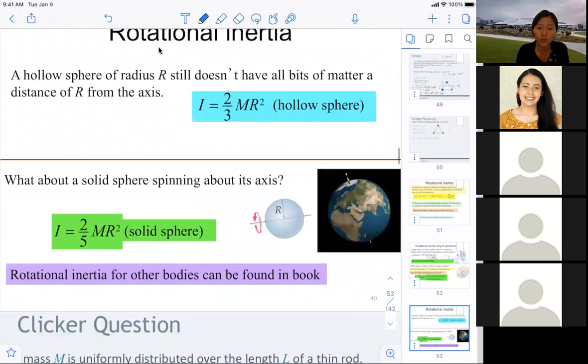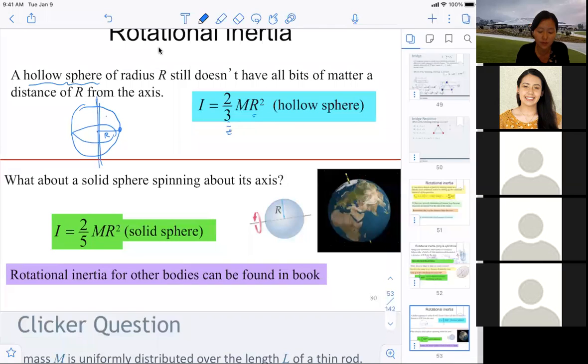For a hollow sphere, you can see it is still smaller than a ring, 2/3, which also makes sense because for a hollow sphere, some of the mass is at a distance r away, but if you look at other parts, not all of it is at the same distance.